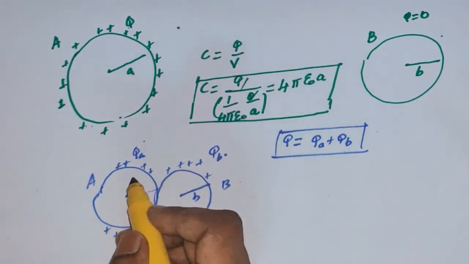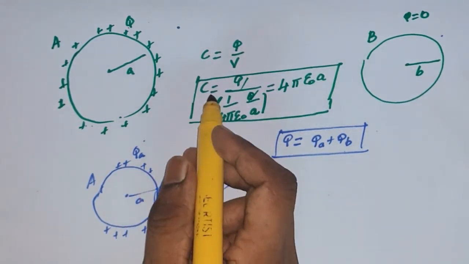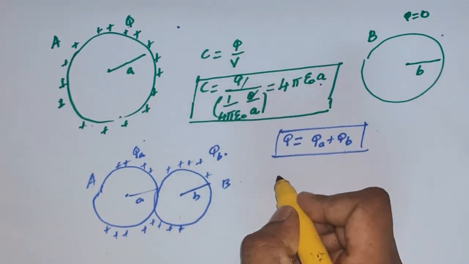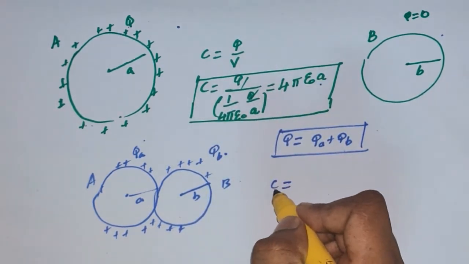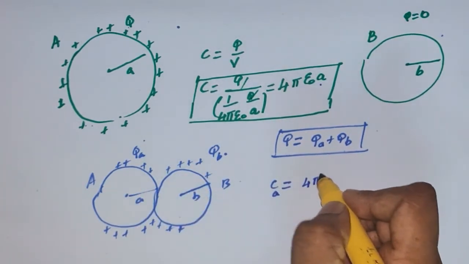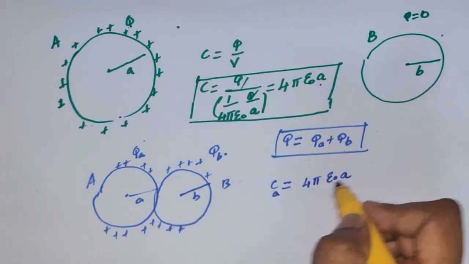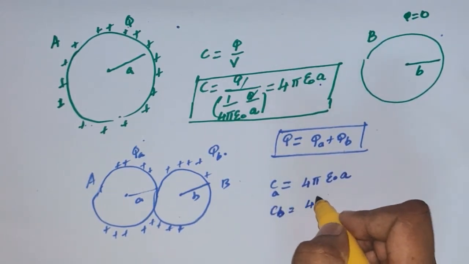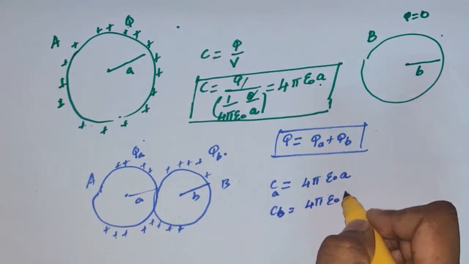Now we can define the capacitance, because capacitance depends on the radius only, so it stays the same. The capacitance of the first sphere is CA equals 4 pi epsilon naught a. The capacitance of the sphere B is CB equals 4 pi epsilon naught b.